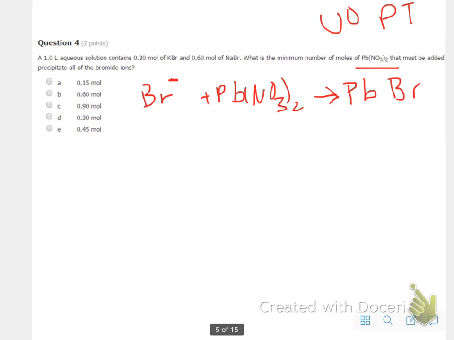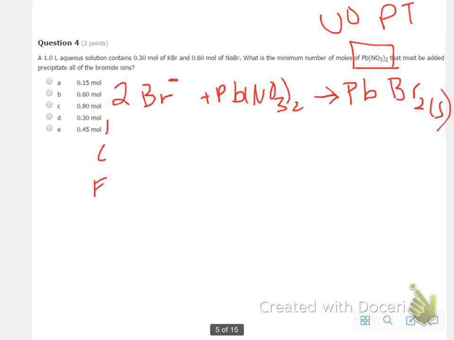So I'm going to end up with PbBr2, and that's going to be a solid. And just to make sure this is balanced, I'm going to need 2 of these. Okay, so let's treat this like an ICF table, and what I'm trying to find is the moles of this that I'm going to need.